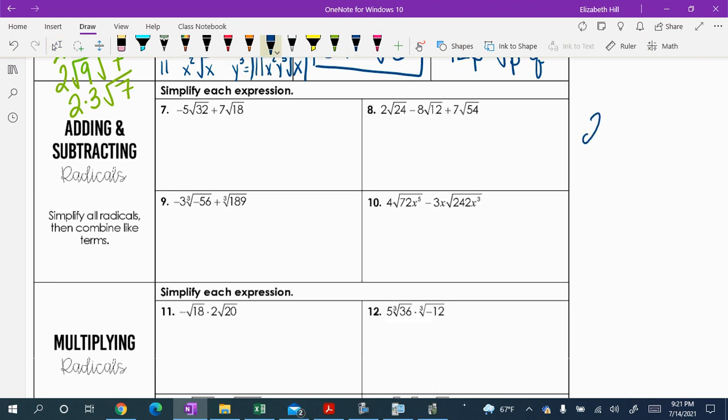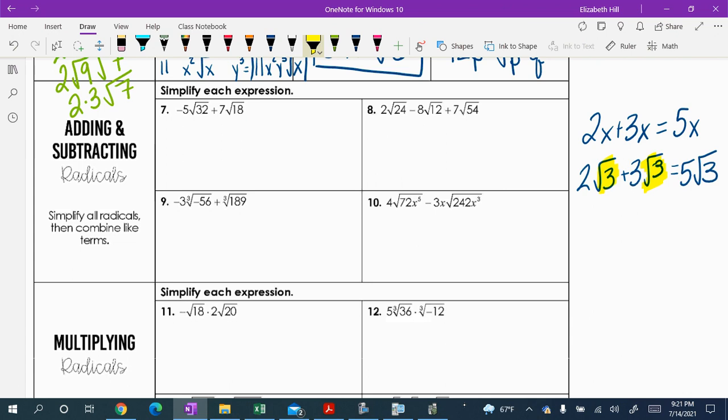So 2x plus 3x is 5x. If you take 2 square roots of 3 plus 3 square roots of 3, that gives us 5 square roots of 3. To be able to add radicals together, they have to have like radicands, okay? And that's what's underneath your square root.